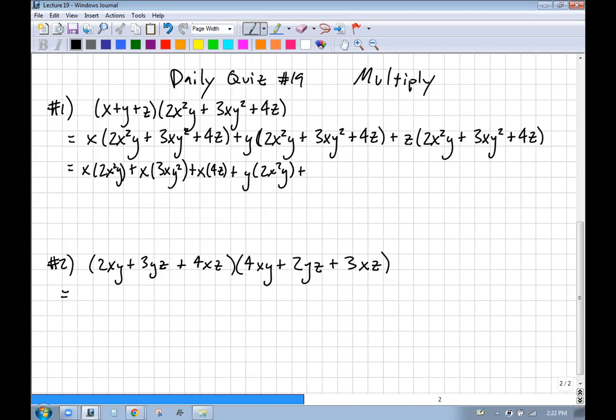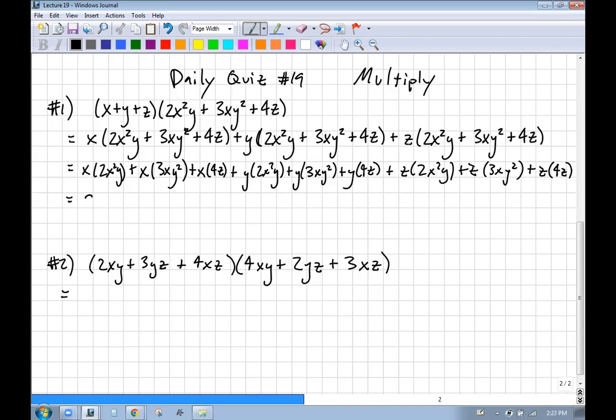And a y times a 3xy squared. And a y times a 4z. Now the last term, we have a z times 2x squared y. And a z times 3xy squared. And a z times a 4z.